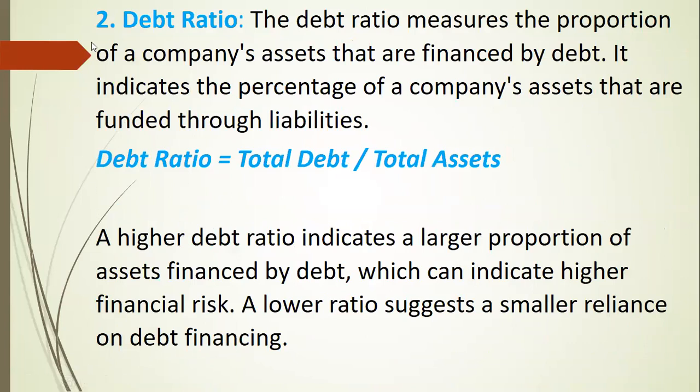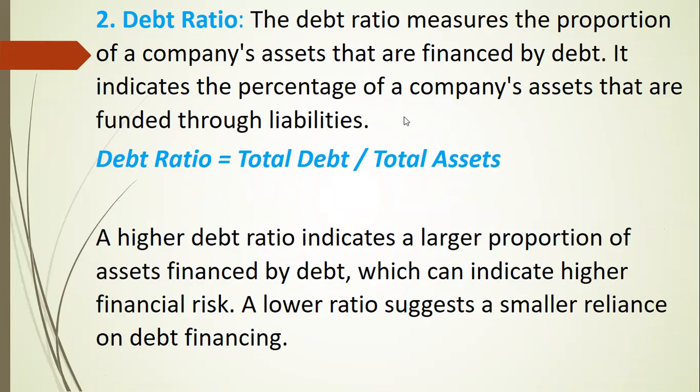So the debt ratio measures the proportion of the company's assets that are financed by debt. It indicates the percentage of the company's assets that are funded through liabilities. So debt ratio will be the total debt over total assets. Here it will be total debt over total equity and liabilities, another way to do it, because total assets is equal to total equity and liabilities.